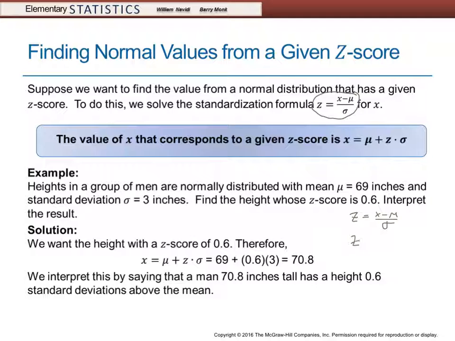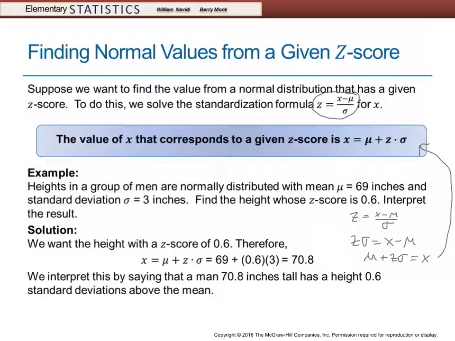We get z sigma is equal to x minus mu. And now we solve for x, so we add mu to both sides. So we get mu plus z sigma is equal to x, right? So that's our algebra lesson for today. And that formula gives us the value of x that corresponds to a given z-score.